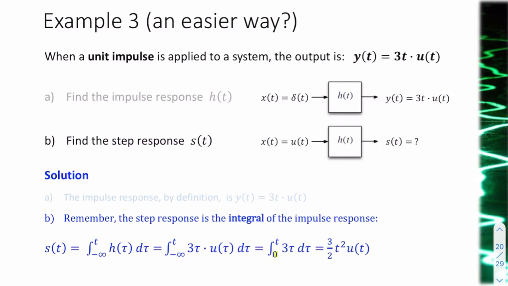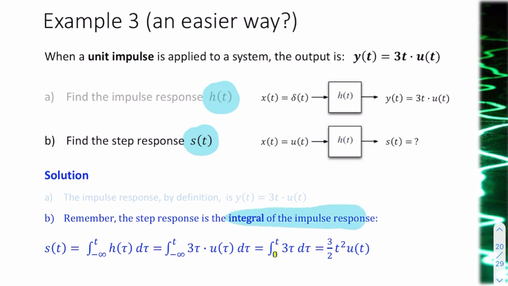So, remember example 3? It was that silly example where I gave you an impulse at the input, and I asked you for the impulse response, and that was obvious. But then I said, what's the step response? And we had to do a convolution. We said, oh, the s of t is x of t convolved with h of t. And it was that nasty integration. Well, now I don't need to do that, because now we've learnt that the step response is the integral of the impulse response.